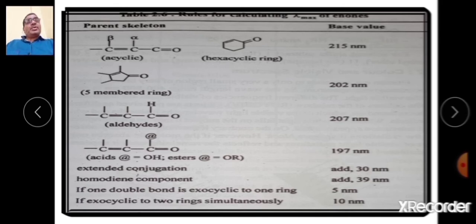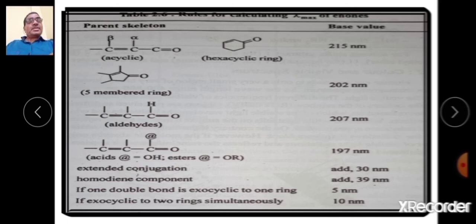Look here, why is it called alpha beta? This position is alpha, this is beta, and therefore this system is called an alpha beta unsaturated ketone. When a six-membered ring system is present, double bond, single bond, double bond, there is a ketone system. Also in the five-membered ring, when this system is present, take the base value equal to 202 nanometer.